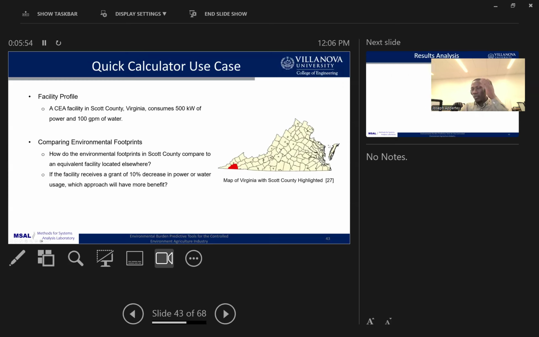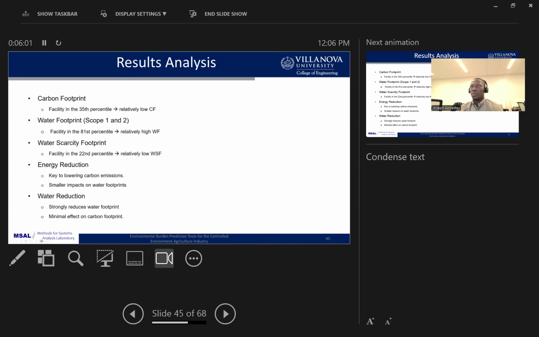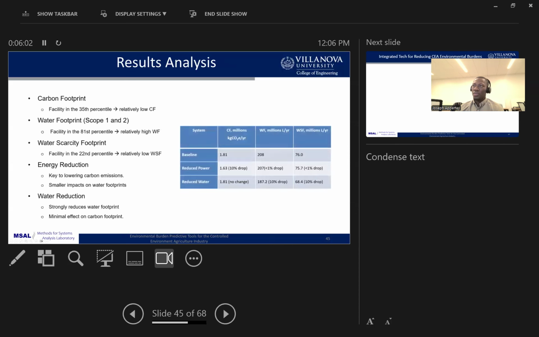So in this image, we have the Scott County, which is being demonstrated in red. So after using the quick calculator, the 10% reduction in power resulted in a 10% drop in the carbon footprint, but less than 1% in both the water footprint and the water scarcity footprint, as a result of the minimal impact.